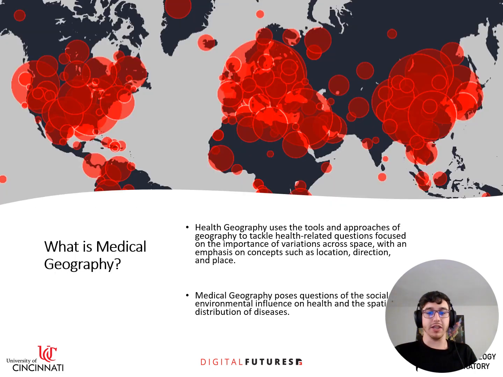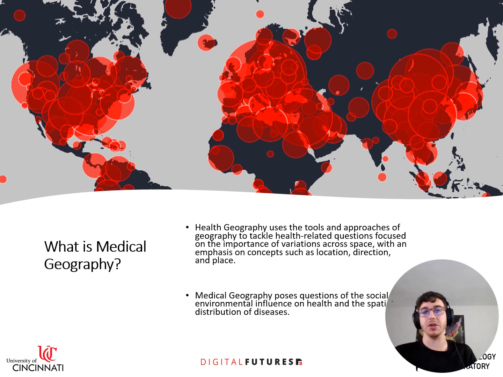Medical geography and epidemiology are closely related fields that both focus on the understanding of the distribution and determinants of health-related events. However, while epidemiology primarily focuses on examining the disease patterns and health events within populations, medical geography takes a spatial perspective to explore how geographic factors influence health outcomes and health services.